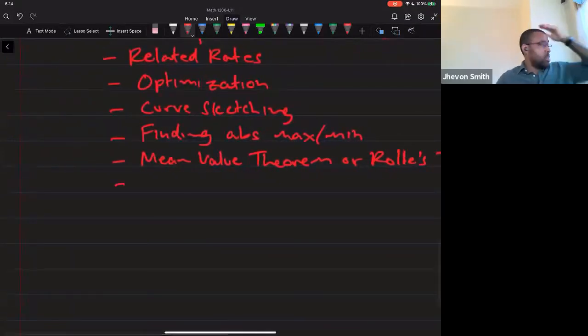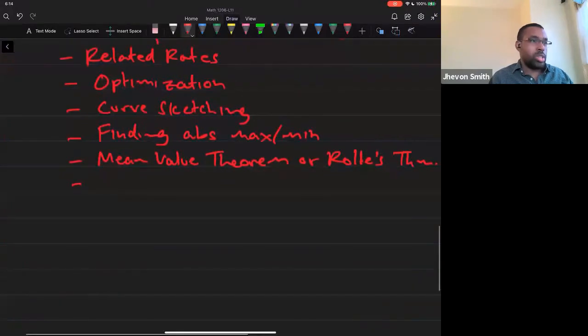I probably won't ask you the intermediate value theorem. I don't want to ask about too many theorems. I guess if I'm going to ask about verifying the parts of a theorem and using it to answer a question, I would probably go with a mean value theorem or a Rolle's theorem. It can be very, very similar.